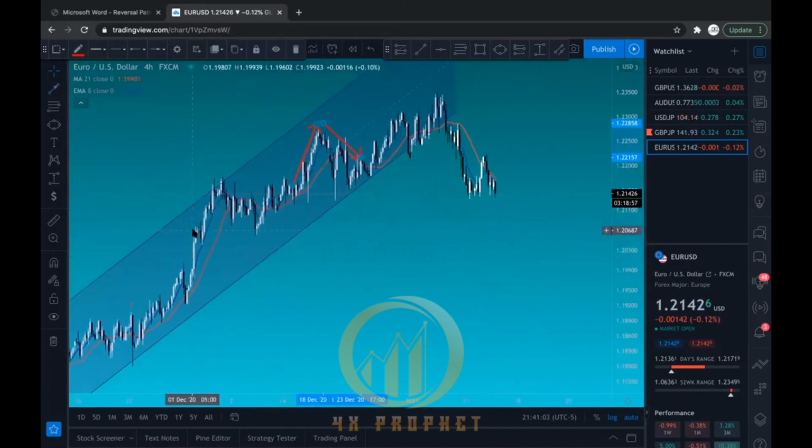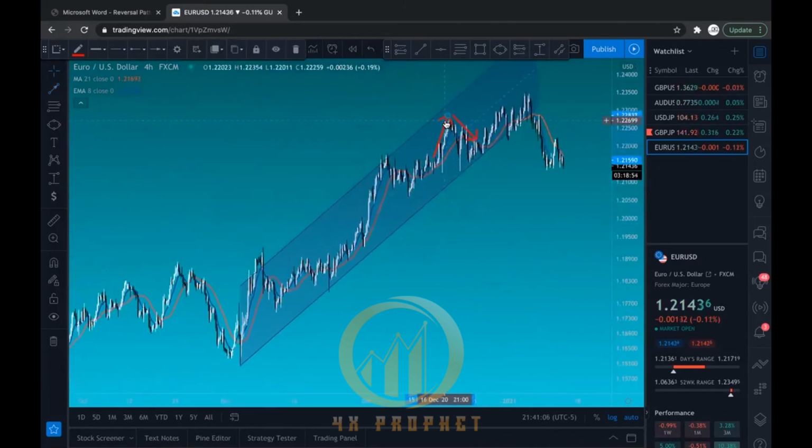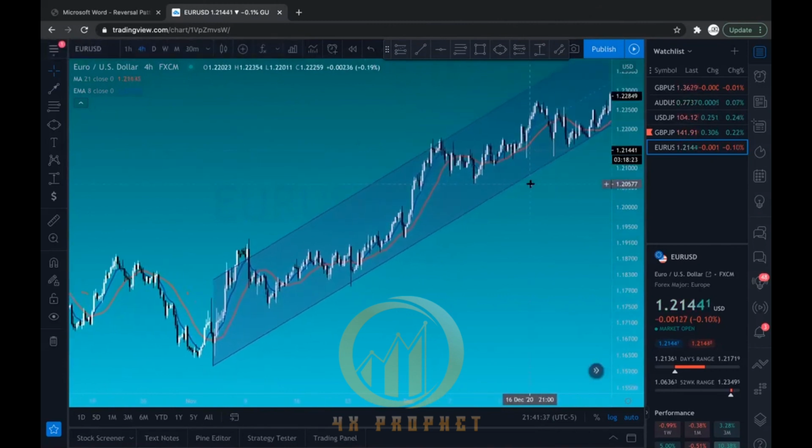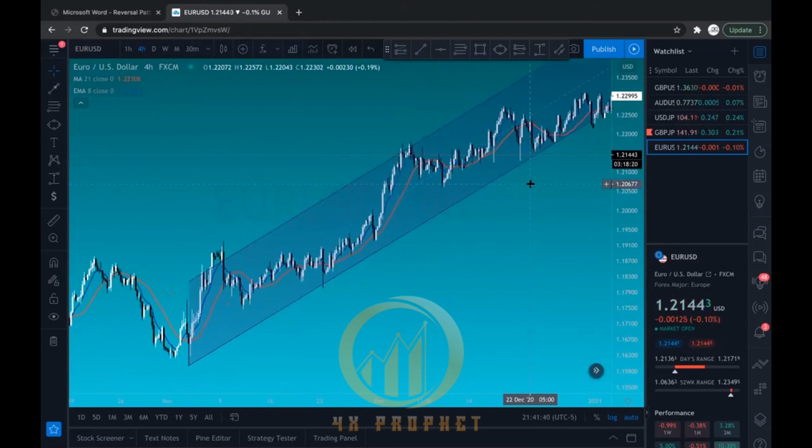You're always going to notice trending markets have the impulsive move, then they have the retracement move. So channels are really key. I would use it more on my MT4 app than my TradingView because I have a lot of markups on my TradingView, right?